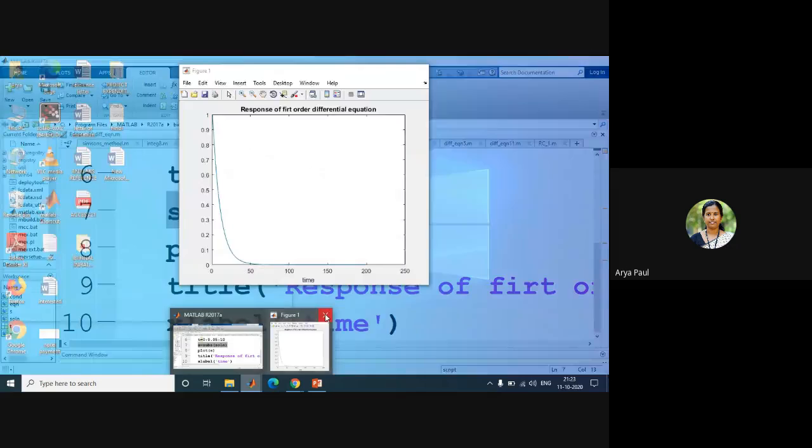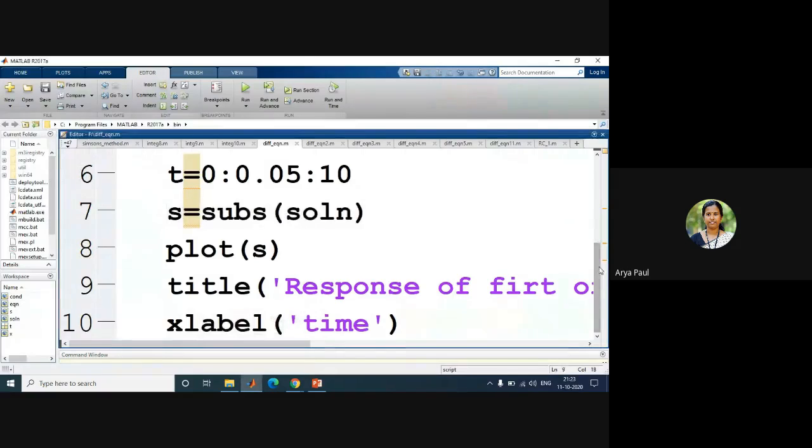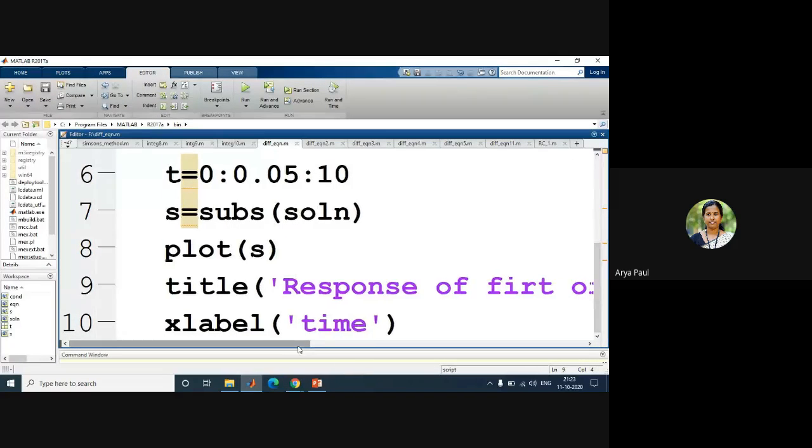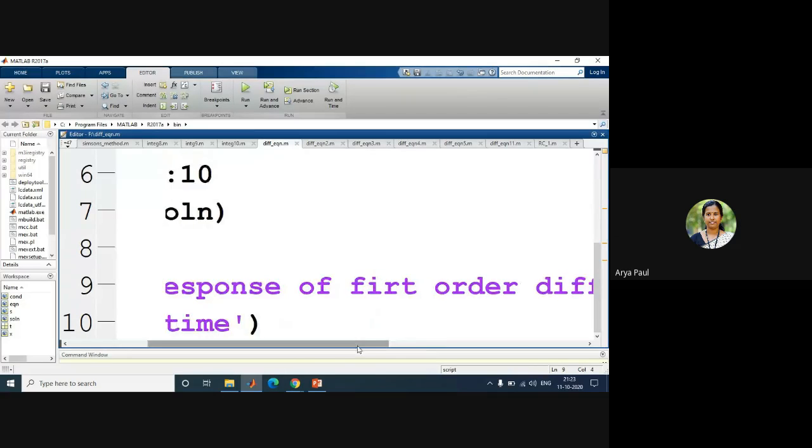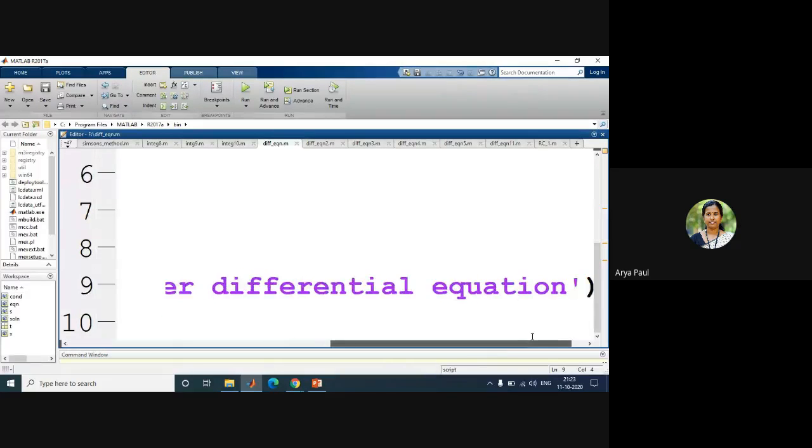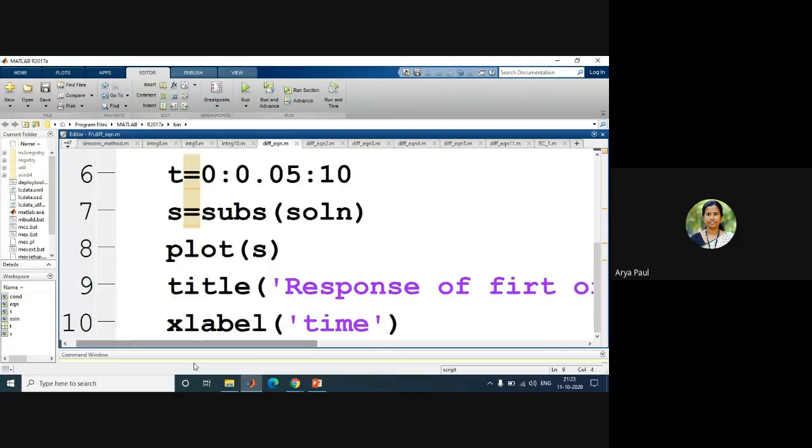Now, after plot, you can give the title. I have given the title as response of first order differential equation. Title I have given for the figure, and X label. X label is labeling the X axis. So you can create your own title and X label.